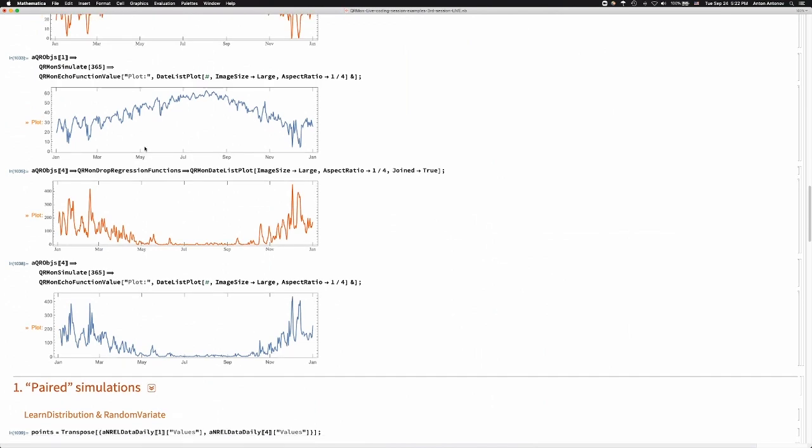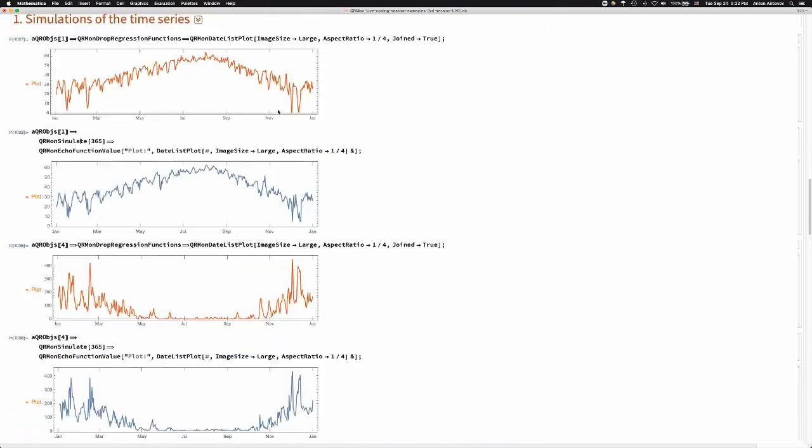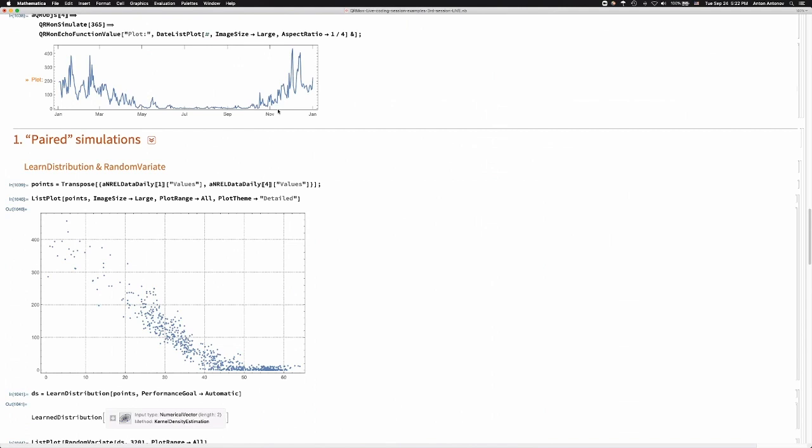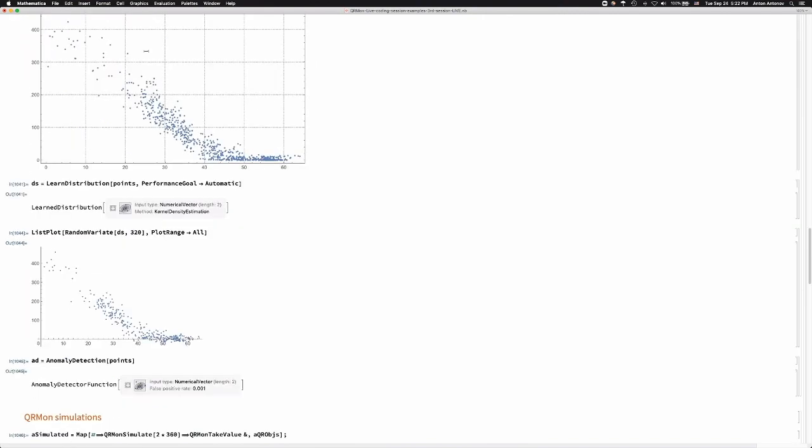I can do the simulations directly, very easily, through the quantile regression monad. But I'm actually wondering to what degree the combinations of the simulated signals are going to be valid, are going to be something that is expected. Because of this, I learned the distribution, and I use this learned distribution to make an anomaly detector.